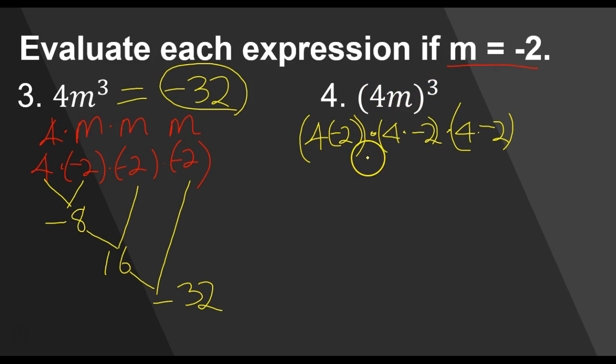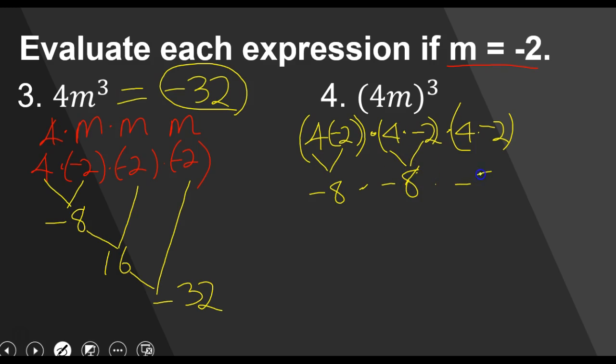cubed, okay, so now 4 times -2 is -8 times -8, okay, times -8. And so -8 times -8 is positive 64. And then times, we bring down the -8.